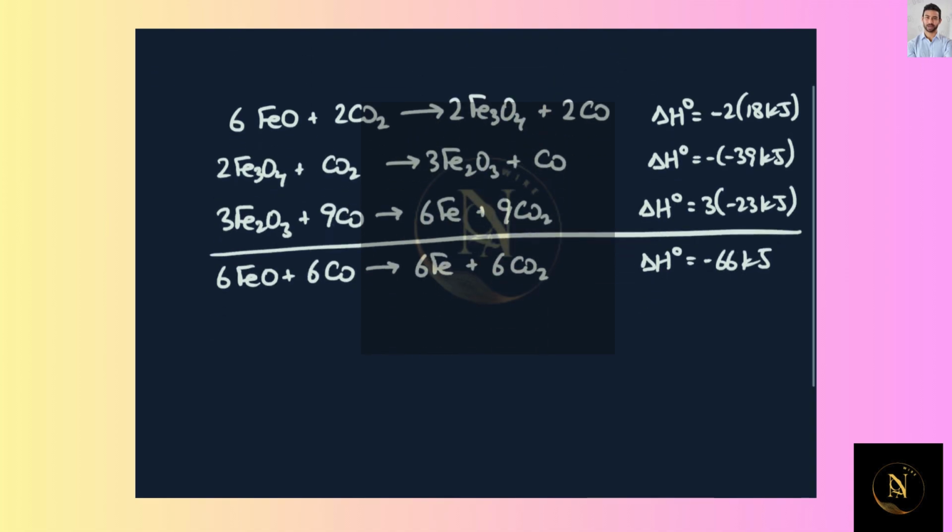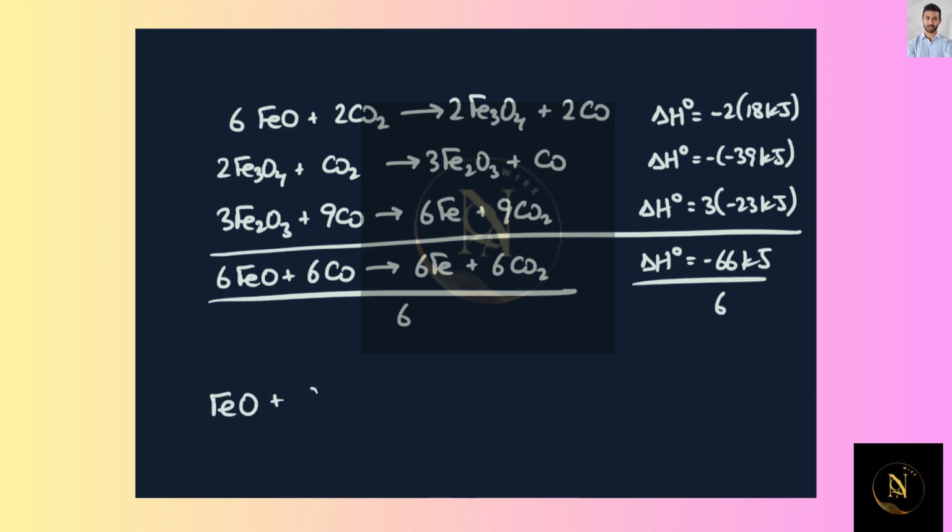And then if I divide everything by 6, FeO plus CO goes to Fe and CO2. Delta H naught here works out to minus 11 kilojoules. So here is the delta H naught for the reaction that we were asked.